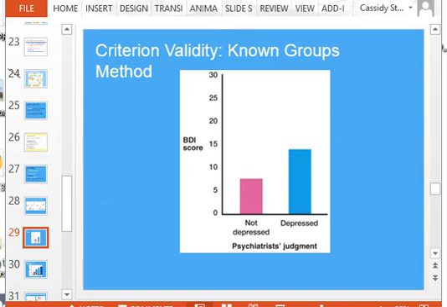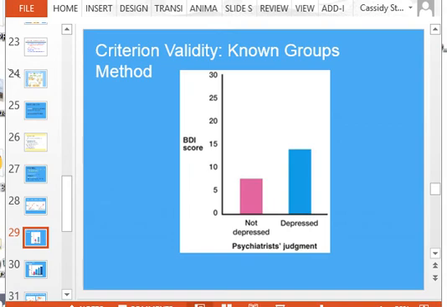But if I give them my test and they score highly, like they're in the depressed group, then I can go check: are those individuals actually depressed? So with known groups, we know where people belong, and when I give them my test, it should tell me that they are in the group that we know they belong in.